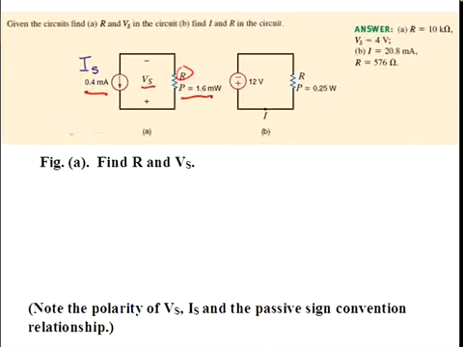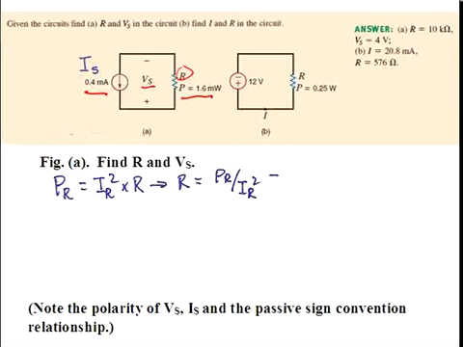So we can apply the power relationship for a resistor. P sub R is equal to I sub R squared times R, and solve that for the resistor value. R is equal to P sub R divided by I sub R squared.